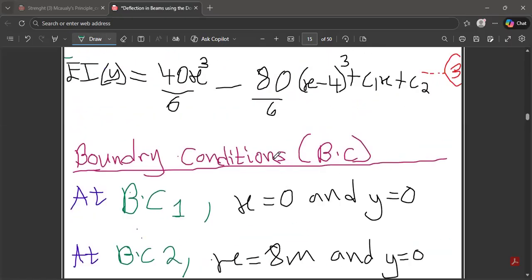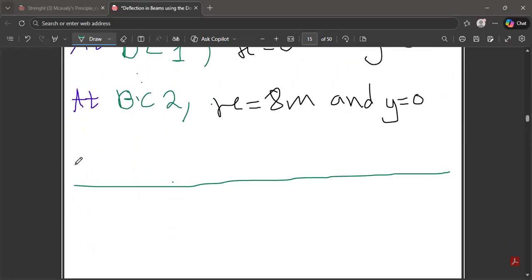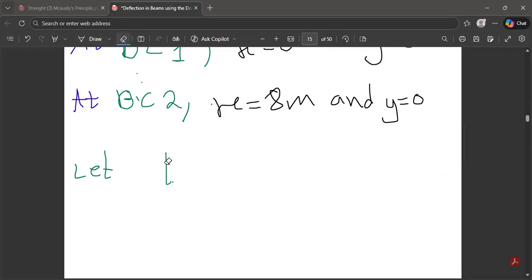So in this stage, let me use a different color pen to write this.